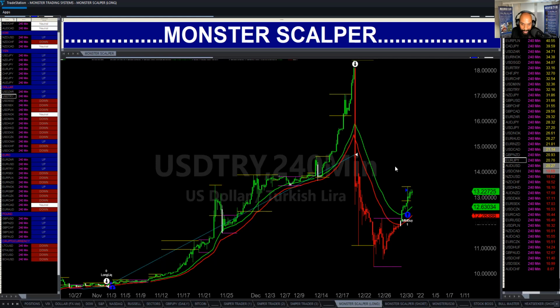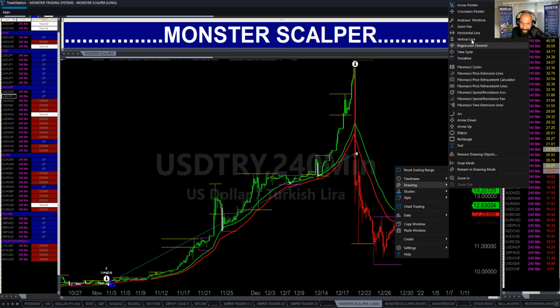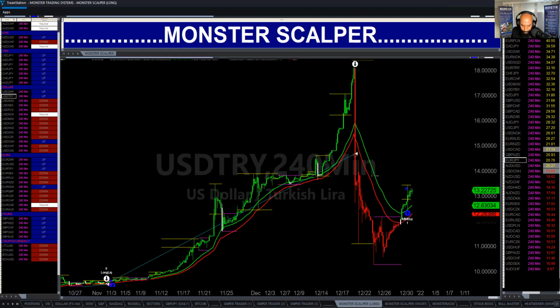Let's see here. You've got some strong resistance right there, right at 14. So if it gets above this, you should be good. We know that this does move. No doubt about that. I saw the move and I thought about you.